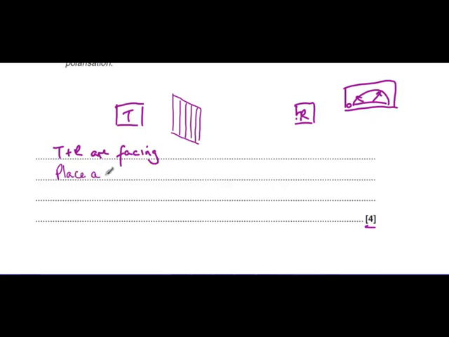So place a metal grid. So waves emitted from T are in all planes.